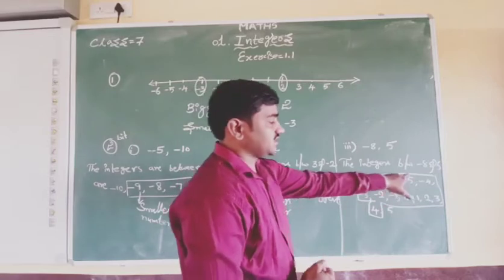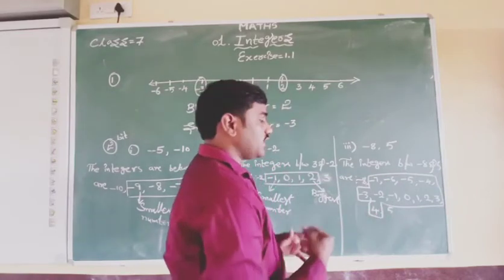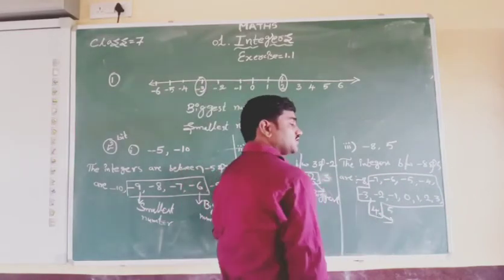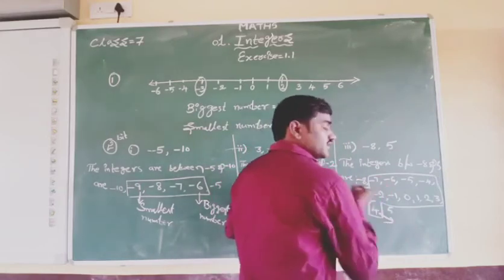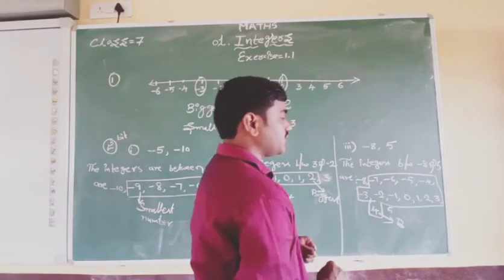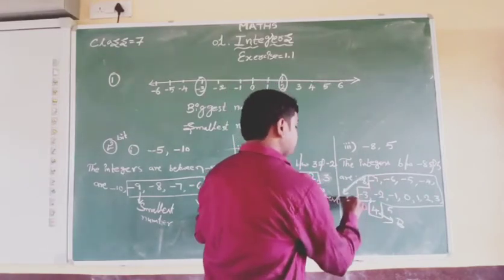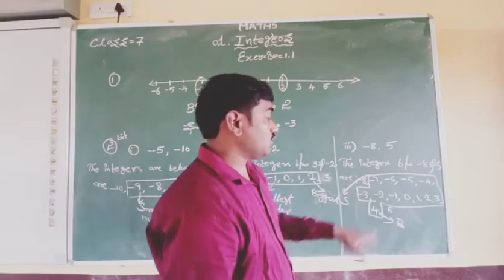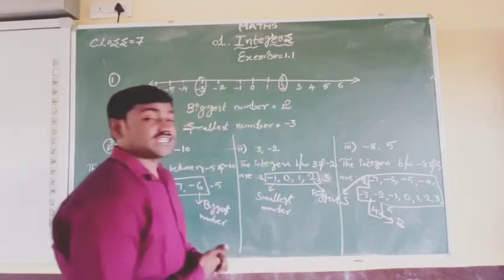Out of these digits, which is the biggest one? As we know, the positive value is always greater than the negative number. So plus 4 is the biggest number and minus 7 is the smallest number out of this. I hope you understand this.